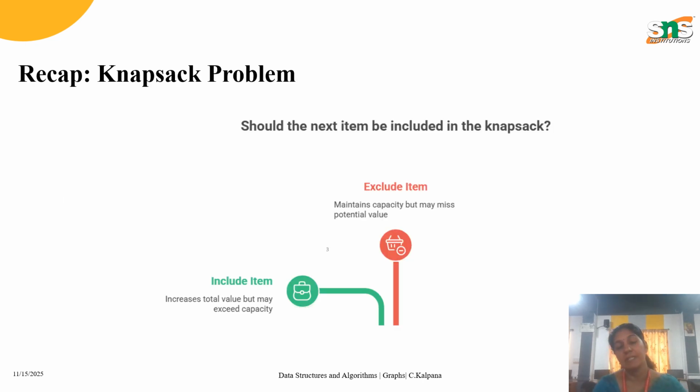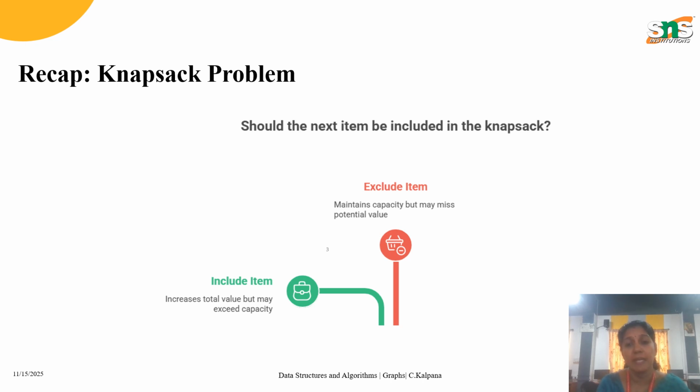The recap, we'll see the recap of the previous session. So in previous session we have discussed about knapsack problem. As we all know, knapsack problem, here knapsack capacity is given. So based on the capacity we have to place the items into the knapsack. Here we need to choose the best item among the items, which means the things given, to increase the value of the knapsack.